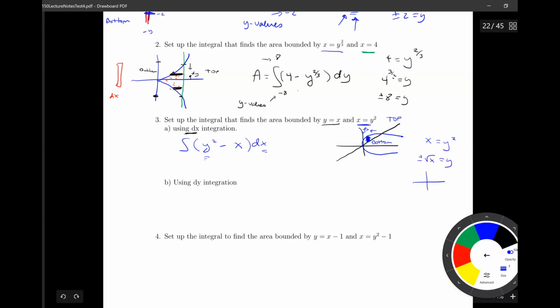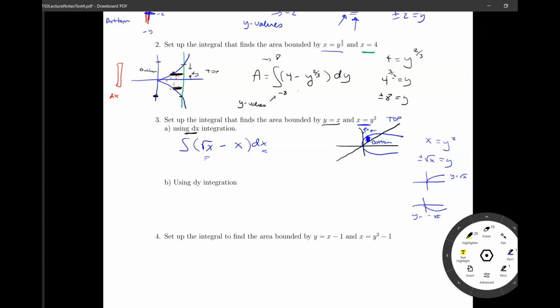Positive root x is the one in the first quadrant, and negative root x is down in the fourth quadrant. So I'm going to erase this, take this out, and use the positive square root of x minus x. These have to be x limits of integration here.